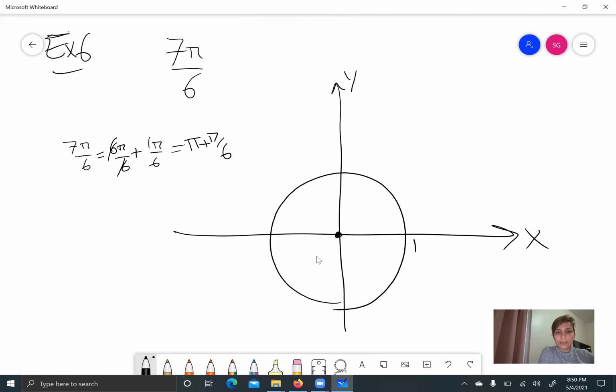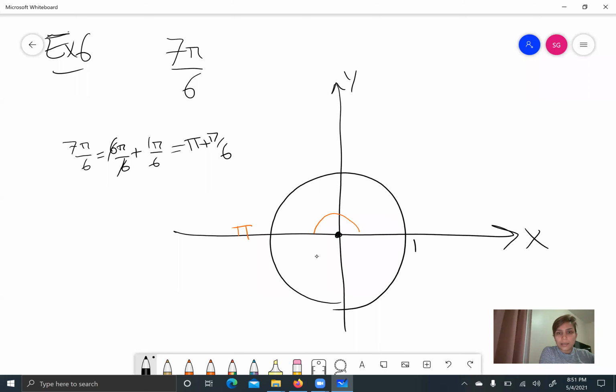So I need to start and come to here. This is pi, and then move further. How much? Pi over 6. And then this is going to be the angle.